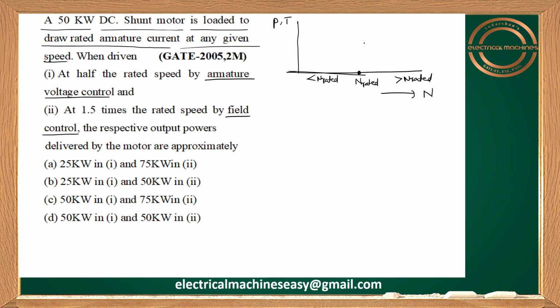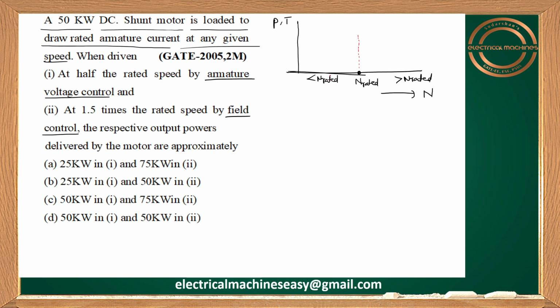I already told you in the armature resistance control method, or I can say armature voltage control method, we'll be getting below rated speeds, nothing but in this region. In that case, the motor acts as a constant torque, variable power drive. So let me draw that graph.